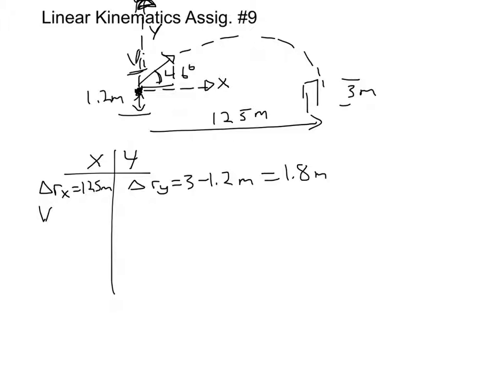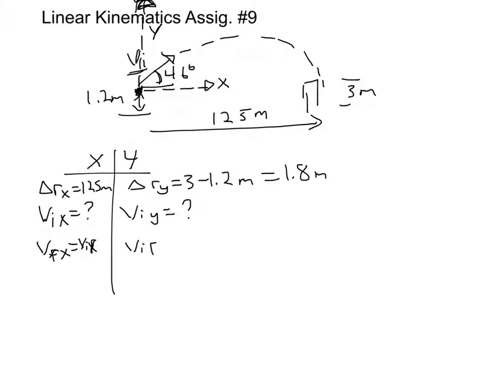Okay, the initial velocity in the x direction is unknown. The initial velocity in the y direction is also unknown. And that's what we'll be solving for, both of those two values. We know that the final velocity in the x direction is equal to the initial velocity in the x direction, because we're neglecting air resistance.